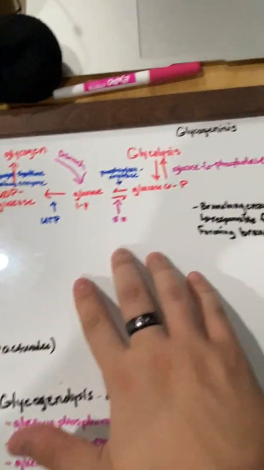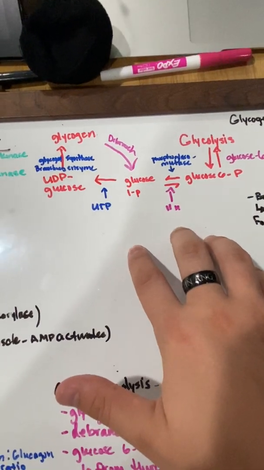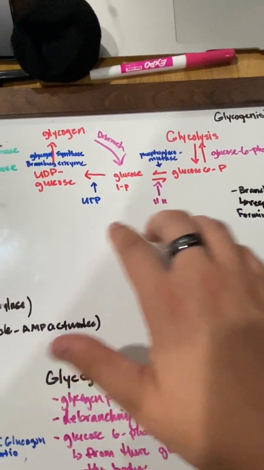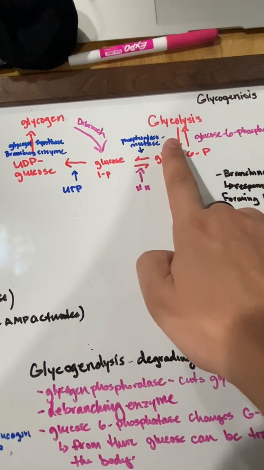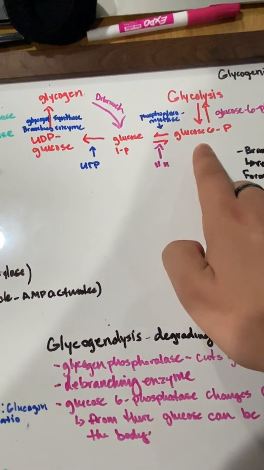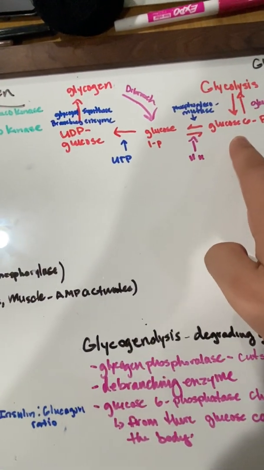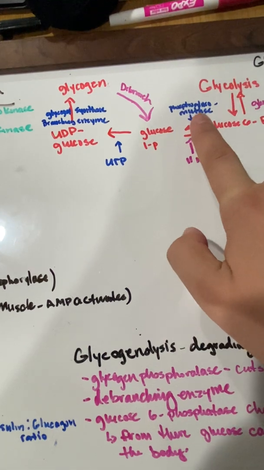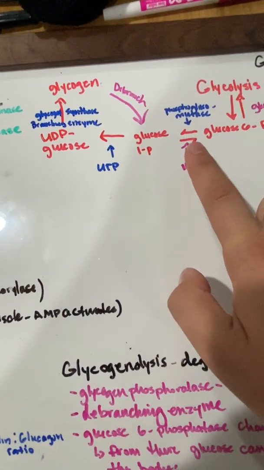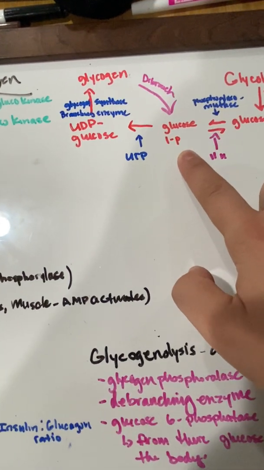So in glycogenesis and in glycogenolysis, it pretty much goes through this cycle. So we have glycolysis as a reference point. We go down to glucose 6 phosphate, and then we come over by phosphoglucomutase, and that will give us glucose 1 phosphate.